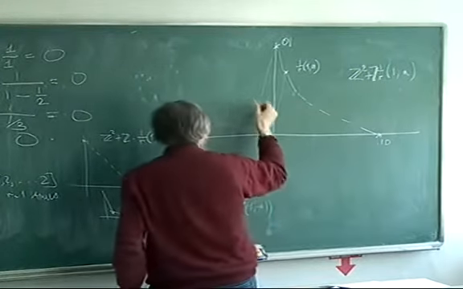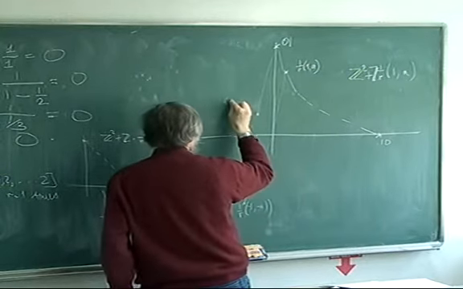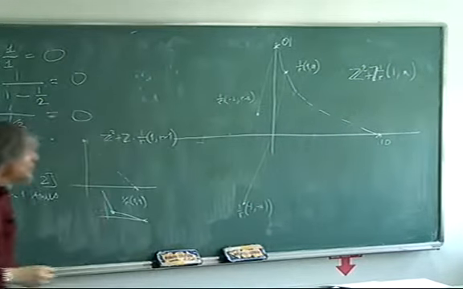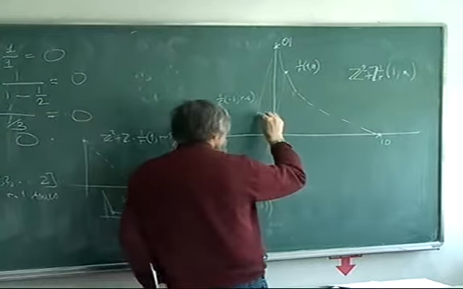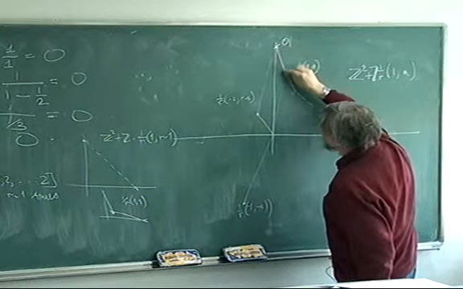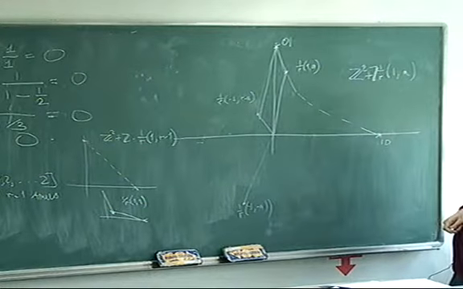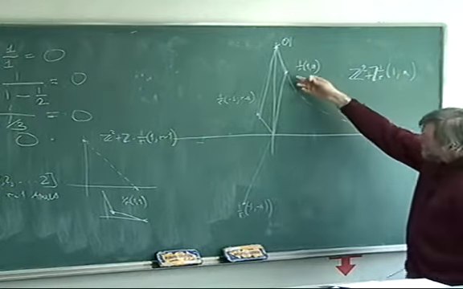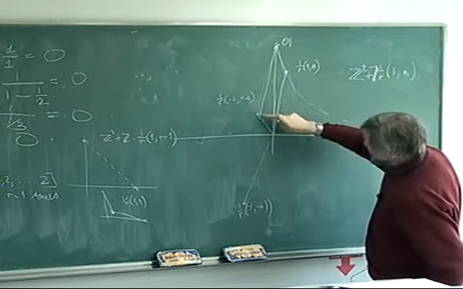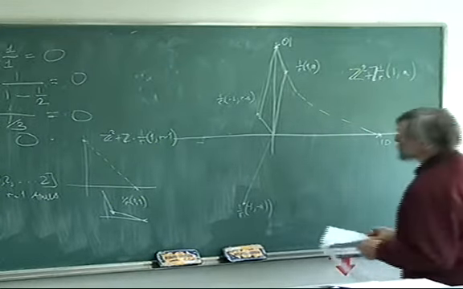I'll not bother to write the 1 over R's anymore, so this is minus 1 and then R minus A. The point is that this is a parallelogram, just by construction: I take this vector minus this vector to get this point, and the sum of these two vectors is that one.